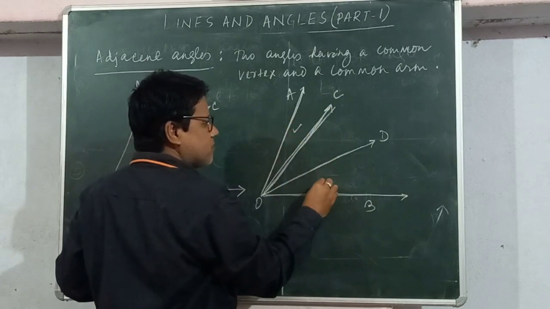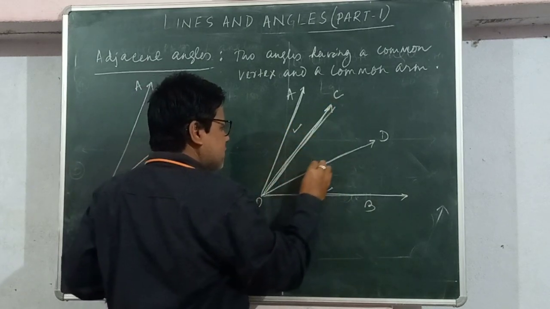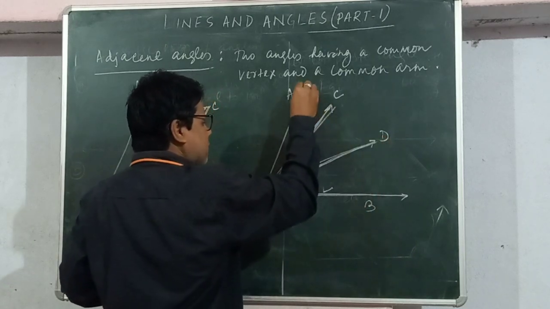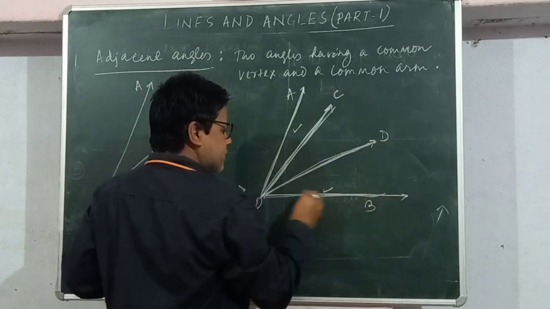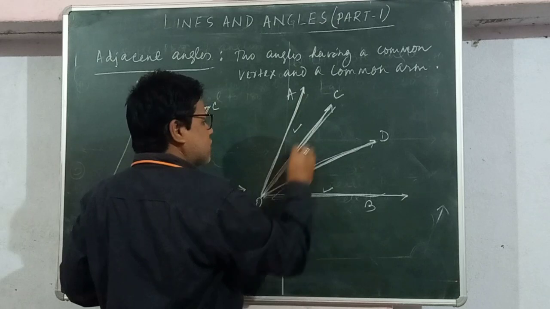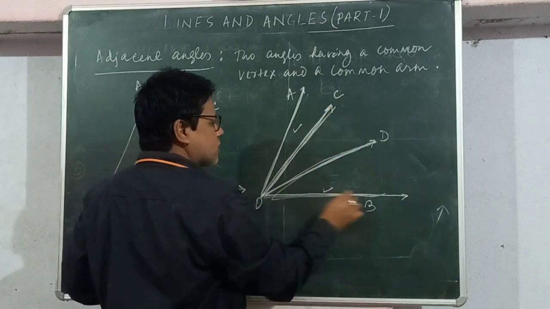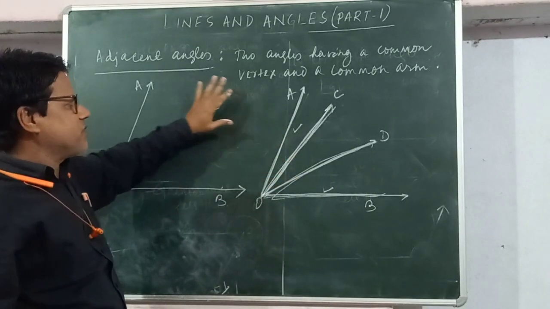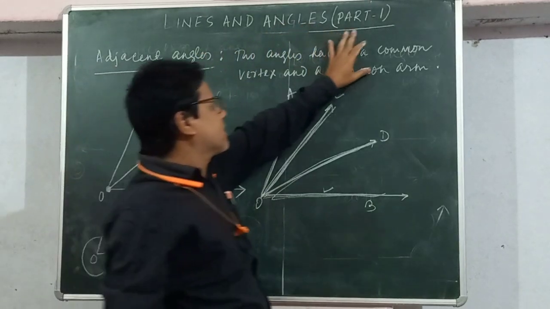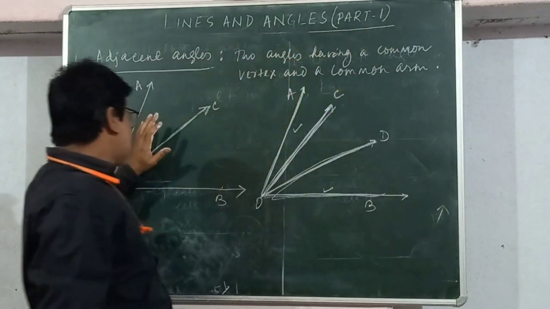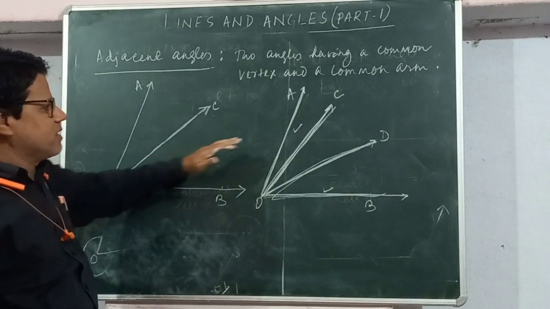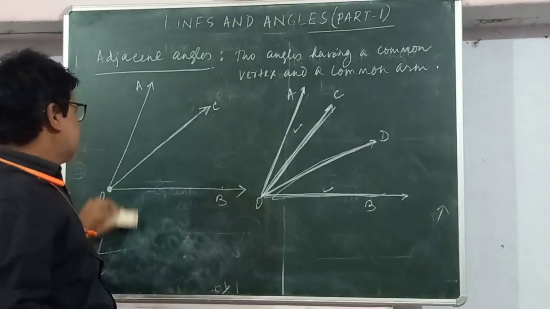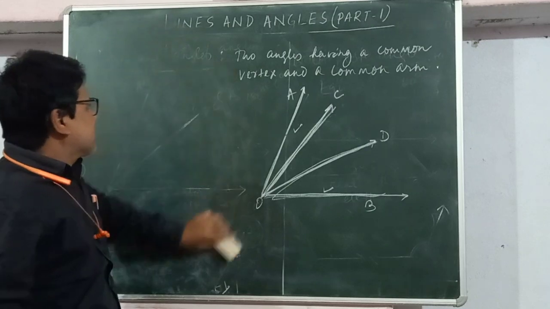So AOC, BOC, COD, BOD, AOD, and we get pairs of adjacent angles here. So pairs of adjacent angles means 2 angles having a common arm and a common vertex. If there are more rays, you can find more pairs of adjacent angles. Now, complementary angles.